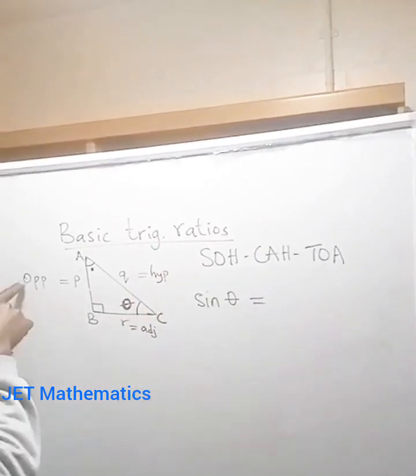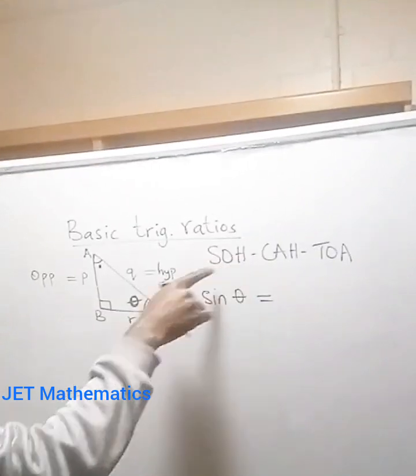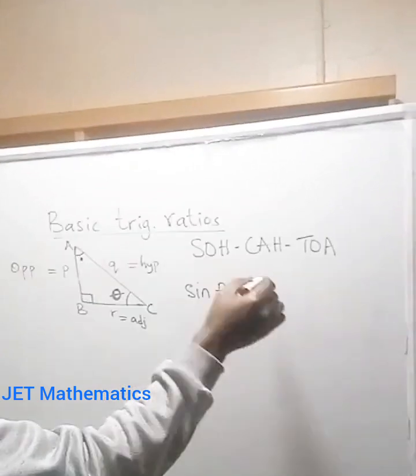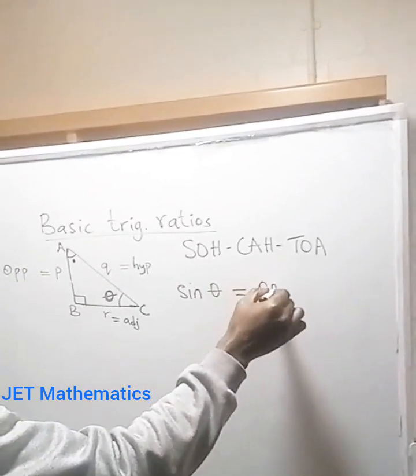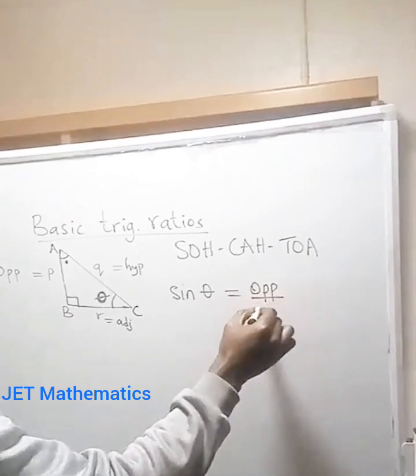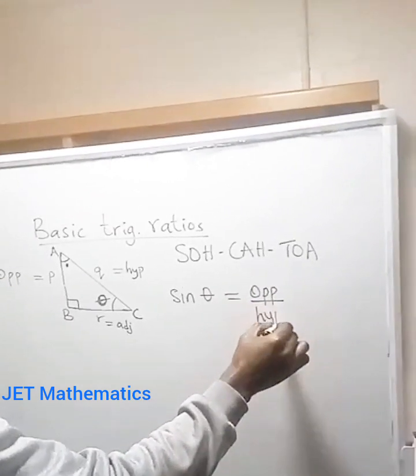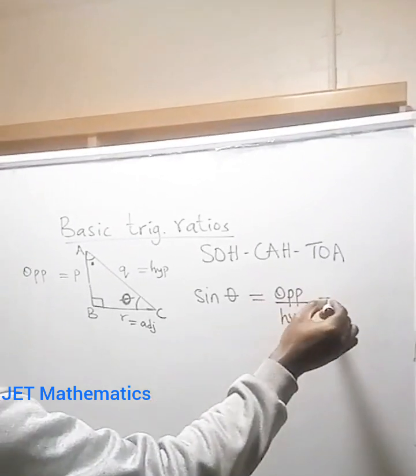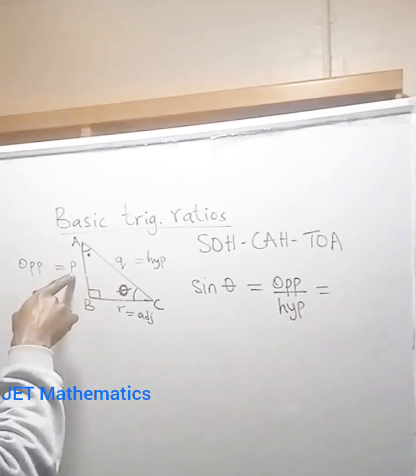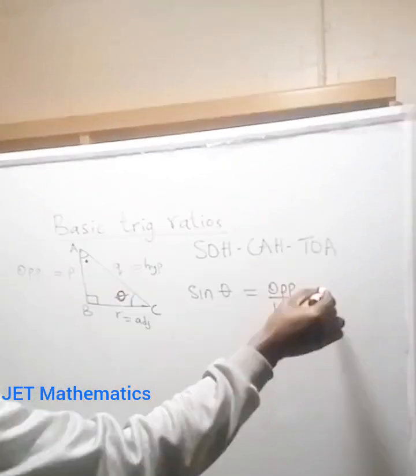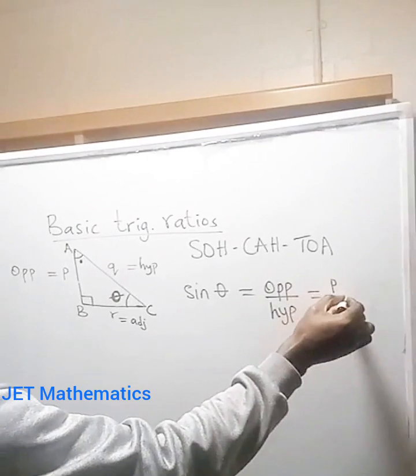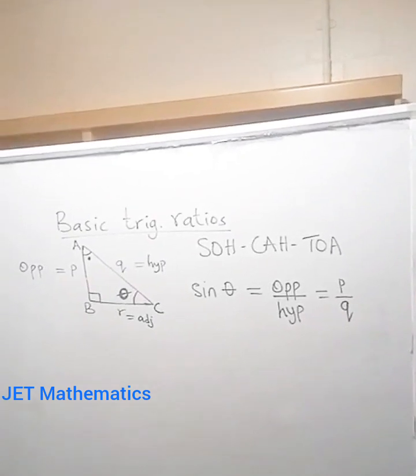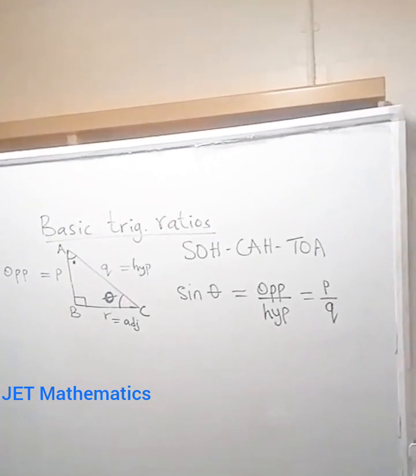O here stands for opposite, H here stands for hypotenuse. So sine theta is opposite over hypotenuse, which we can write in simple symbols as P over Q. Okay?